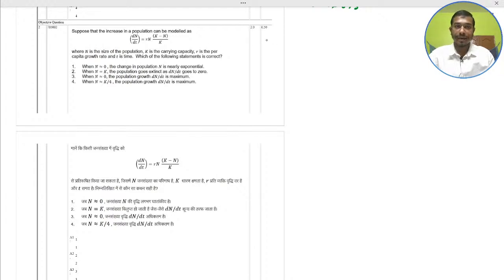So here it is given that dN/dt equals gamma times N times (K minus N) by K. This is gamma, not r.